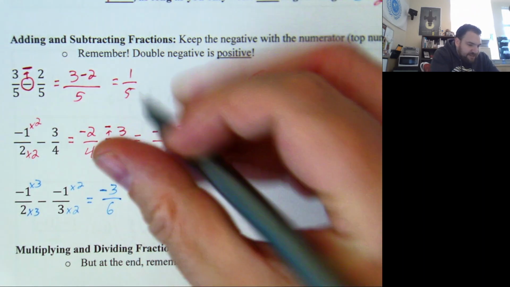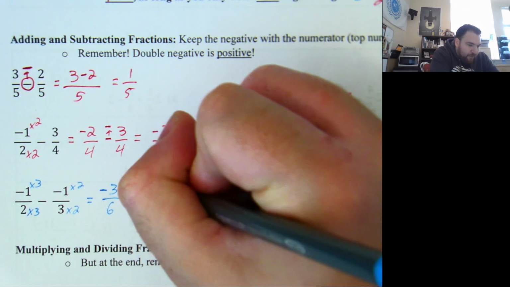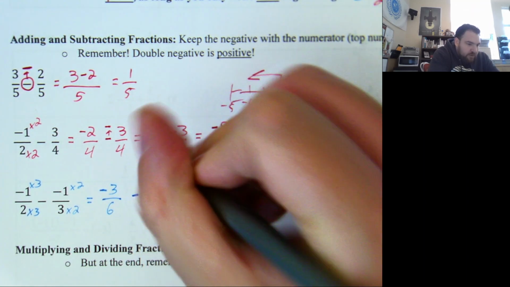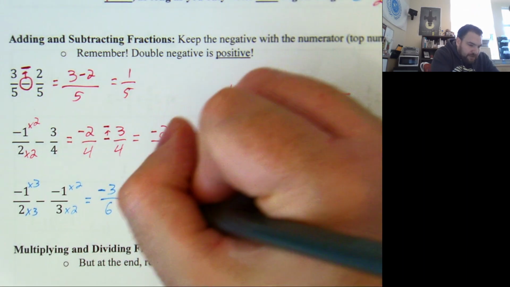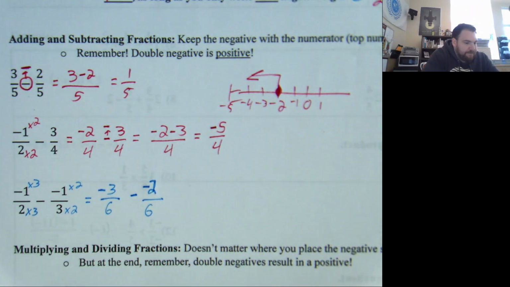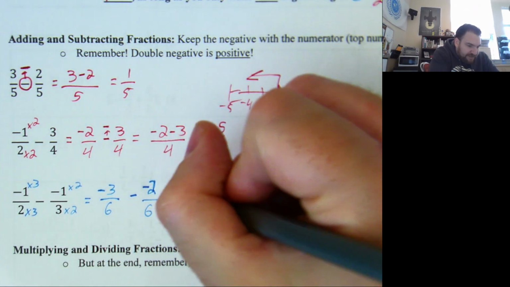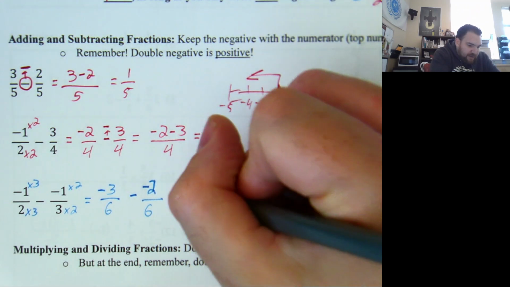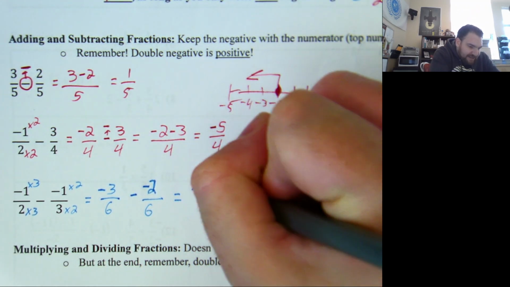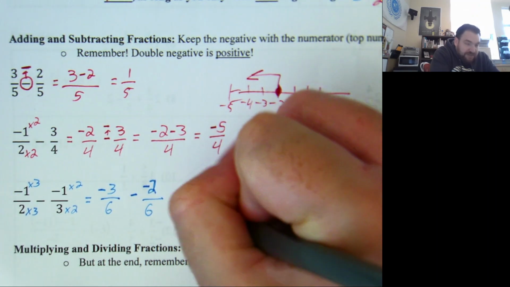2 times 3 is 6. Minus negative 2, because negative 1 times 2 is negative 2. Over 6. And now we're going to bring that subtraction up into the numerator, and things are going to get a little weird. This is the same thing as writing it this way: negative 3 minus negative 2 all over 6.